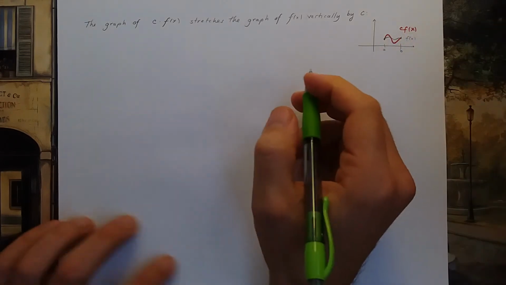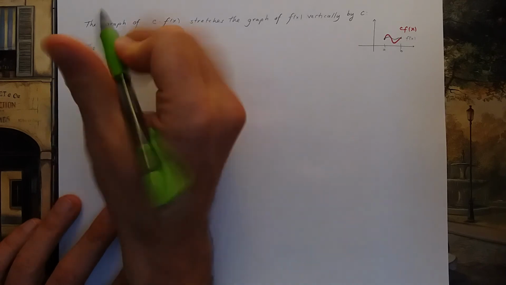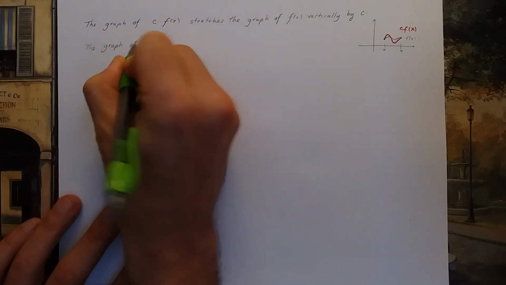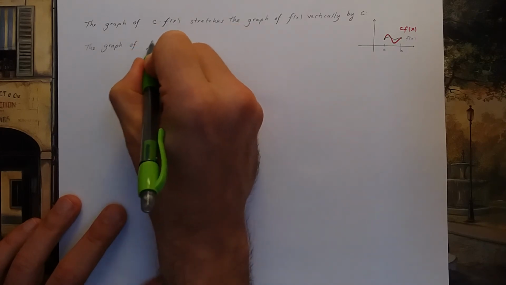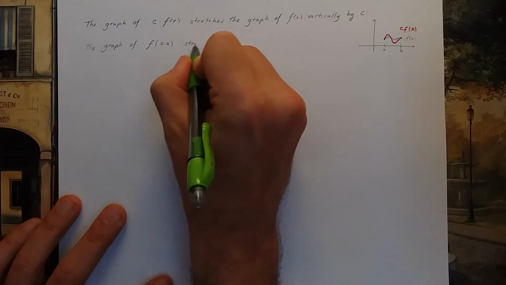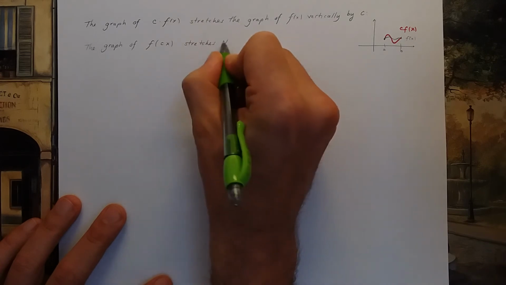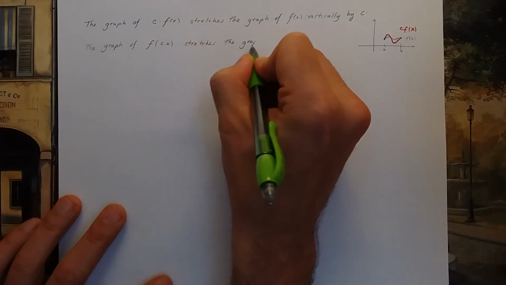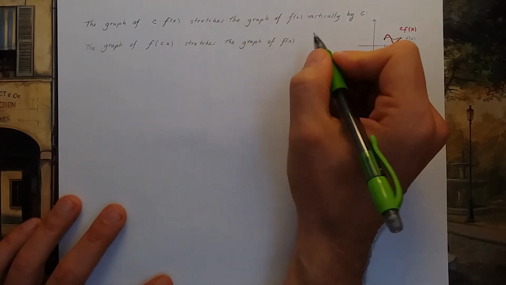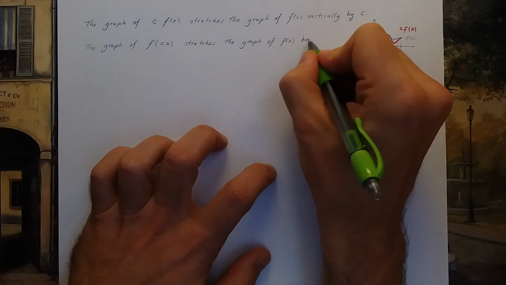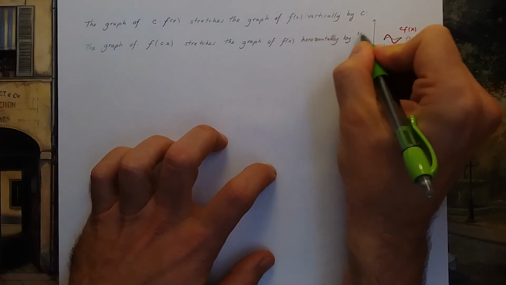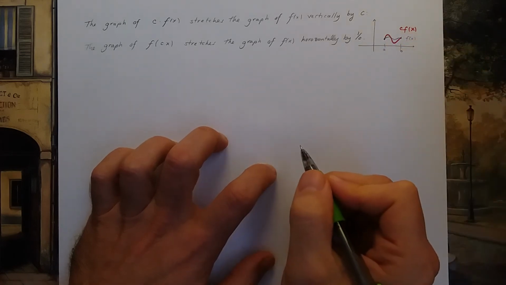And the last operation is that the graph of f of cx stretches the graph of f of x horizontally by 1 over c.